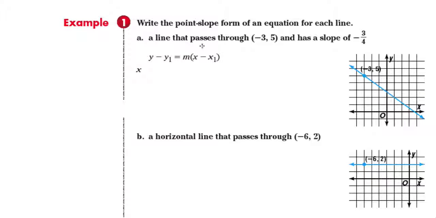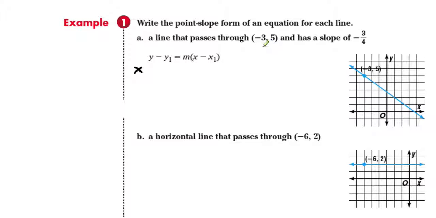So we write down the formula: y minus y sub 1 equals m times (x minus x sub 1). That's the point slope form. Then we substitute the values. Before we do that, let me redo that.